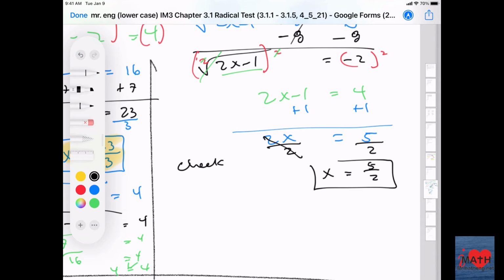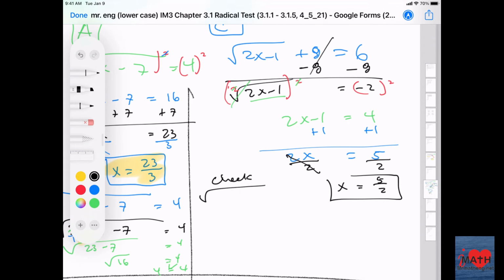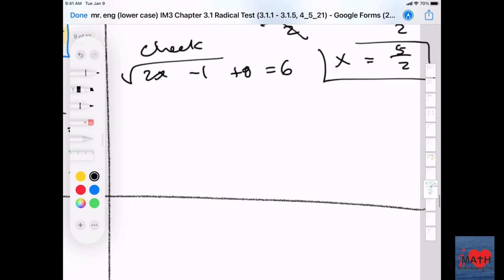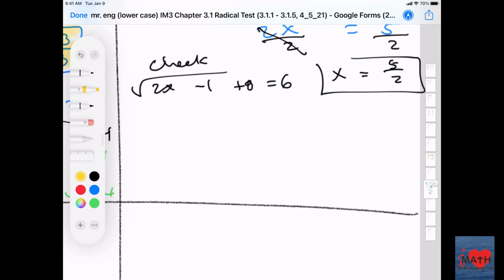Let's go ahead and check that. So that's square root of 2x minus 1 plus 8 equals 6, and I'm putting that here. So the square root of 2 times 5 halves minus 1 plus 8 equals 6. Don't be lazy, that 8 is not in the radical. Put it over 1, because you're left with just 5 minus 1, or if you multiply across, that would be 10 over 2, which is still 5.